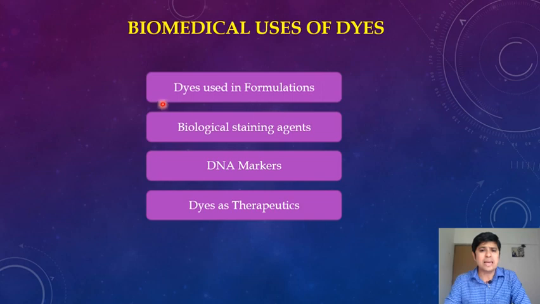Dyes may be used in formulation, that is, formulation of tablets, syrups or drugs, whatever it is. The second biomedical use of dyes is as a biological staining agent. The third biomedical use of dyes is as DNA markers.